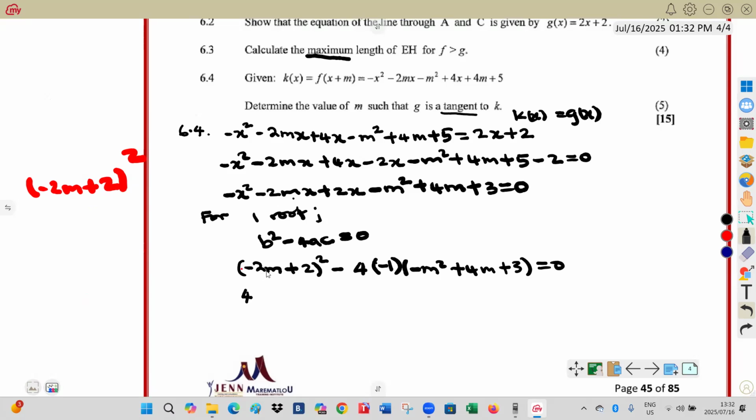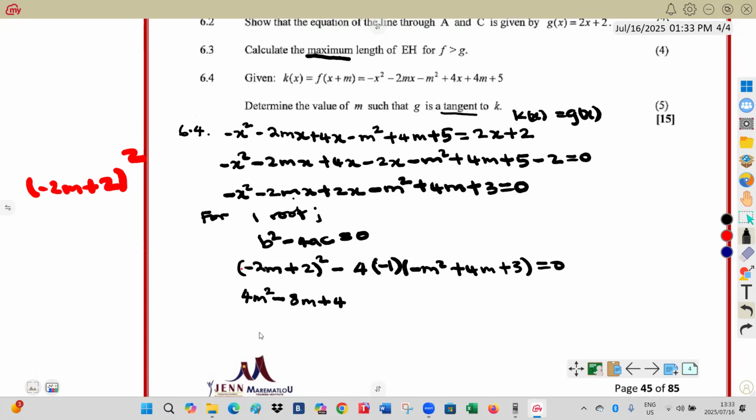We square this term, 4m squared. Then we take this times this times this. We are going to have minus 8m plus 4.